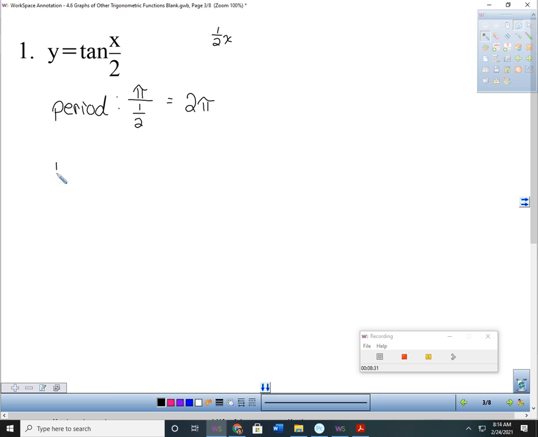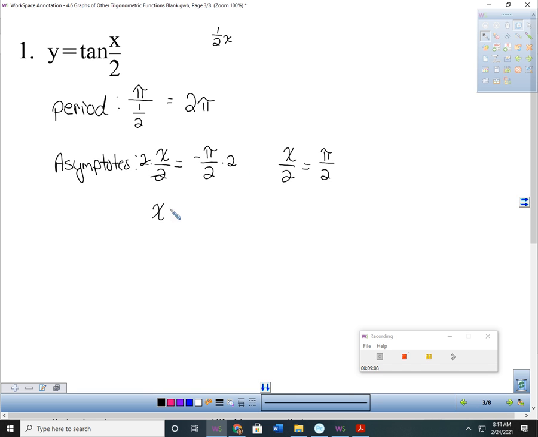All right, for my asymptotes, I'm going to take what I'm taking the tangent of, which is x over 2, and set that equal to negative pi over 2. And then I'm also going to set it equal to positive pi over 2, because those are my original asymptotes. Then I solve for x. I'm just going to multiply by 2.